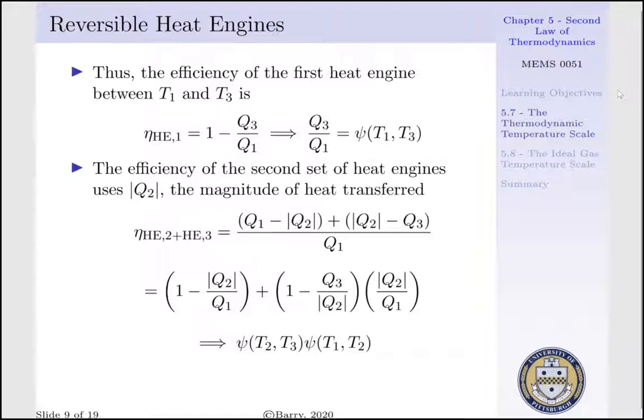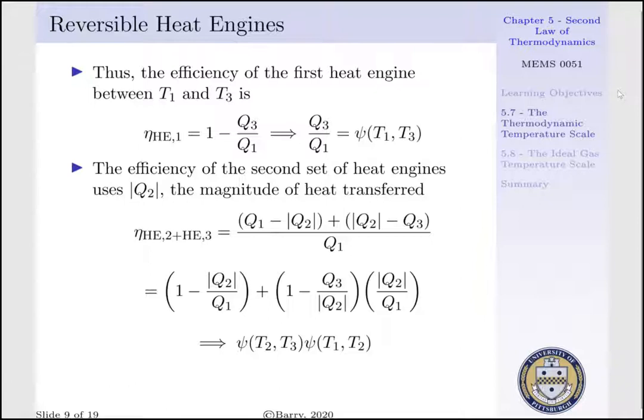The efficiency of our second set of heat engines uses Q2. That is, the efficiency of our heat engine 2 plus 3 would be Q1 less Q2 plus Q2 minus Q3, which was our net work from the two heat engines per Q1. Or we could express this as 1 minus Q2 per Q1 plus the quantity 1 minus Q3 per Q2 times Q2 per Q1.